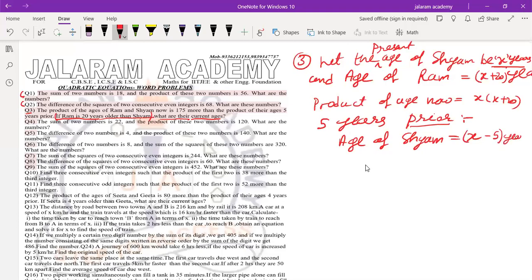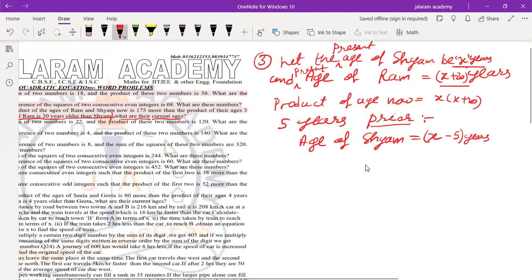So it is X minus 5 years. At the same time, the age of Ram this time is X plus 20 years, which we have assumed. The present age of Ram is X plus 20 years this time. It means before 5 years, again 5 is subtracted from the age of Ram.